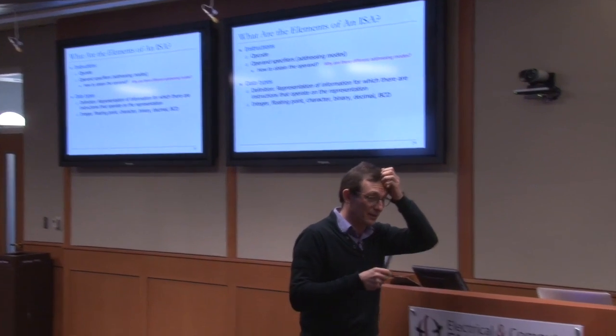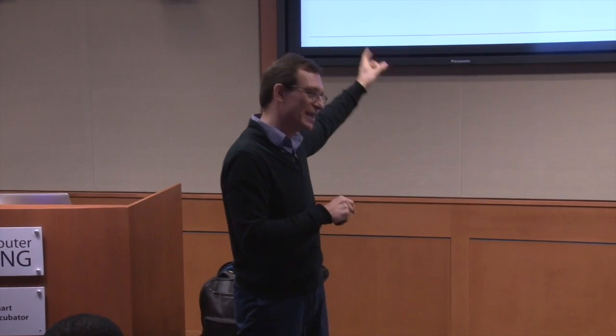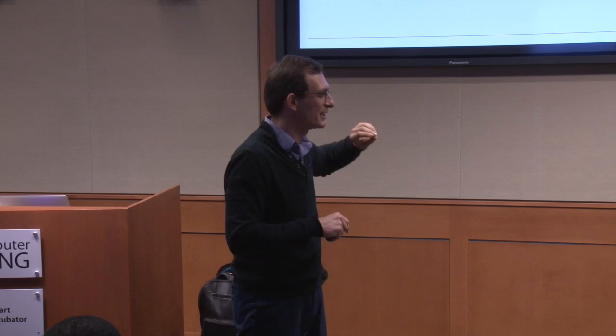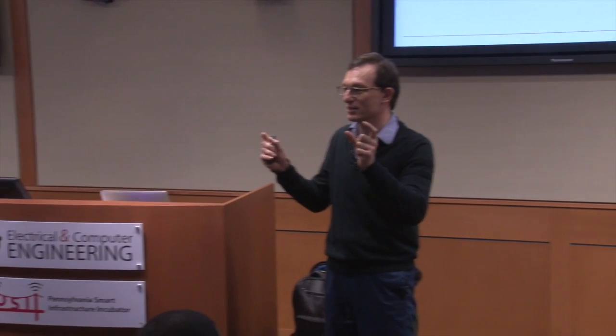Yes? Are addressing modes just a form of bit steering? Well, bit steering enables 2 different addressing modes. That's a good question. We'll get to addressing modes in more detail, that's why I skipped it. But in the previous example of add, you had 2 different ways of obtaining the second source operand, right?